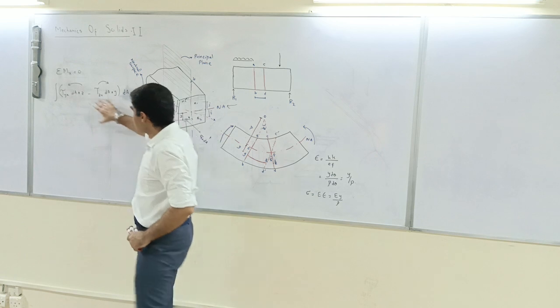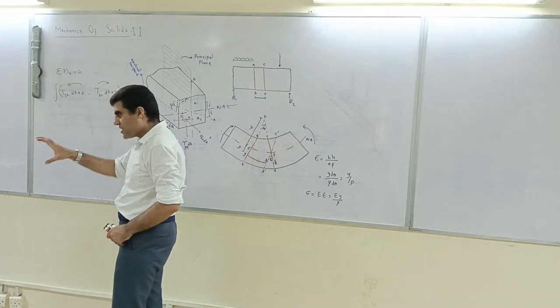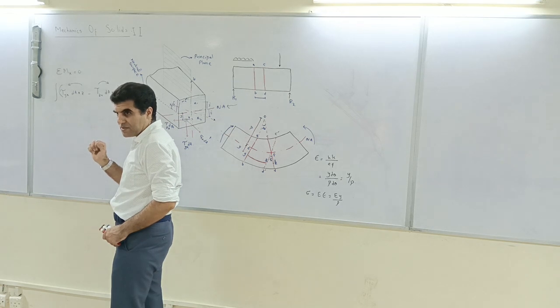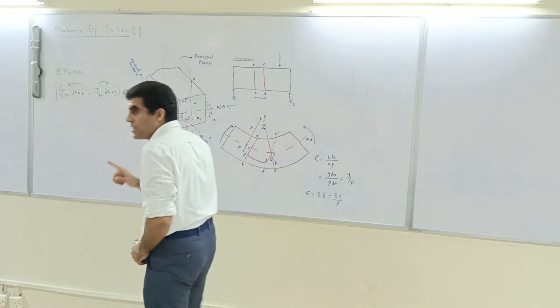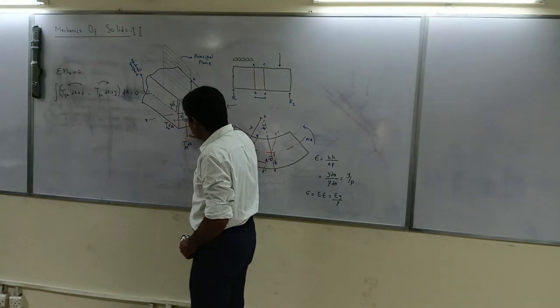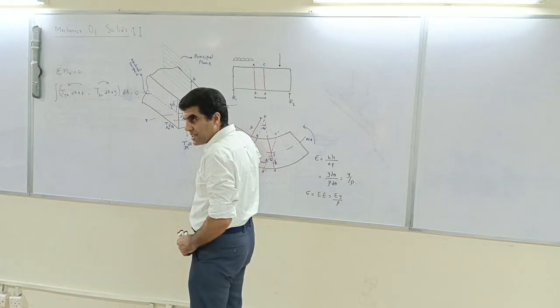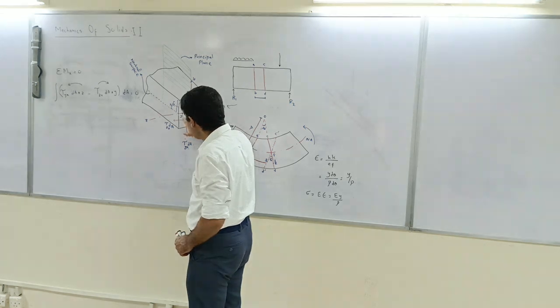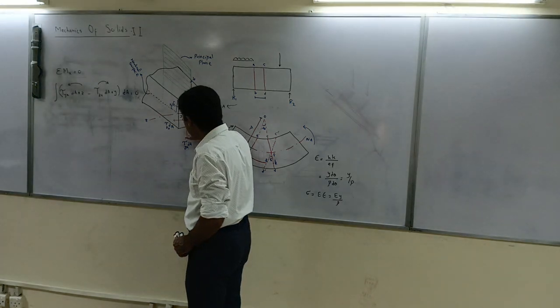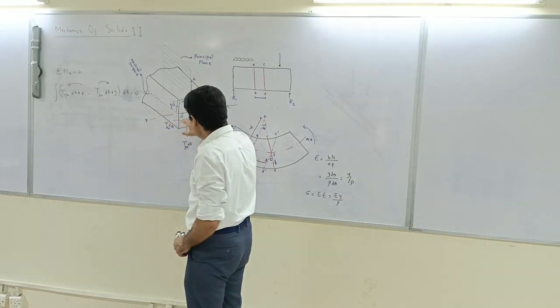If this is not satisfied, then your structure will start twisting. Okay, so this is important. You can see that the one which is over here has y negative and z positive.